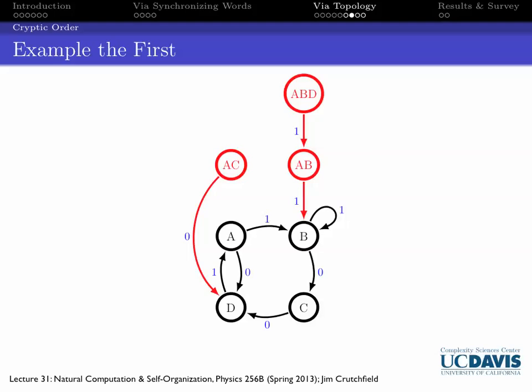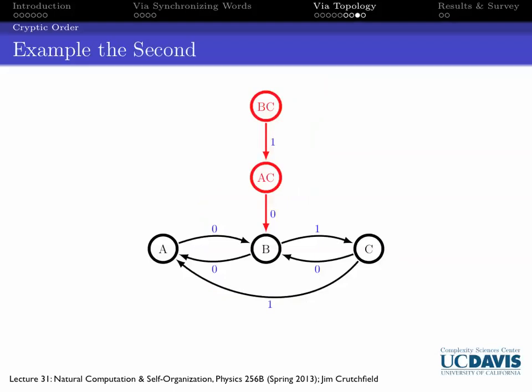This is that same machine we saw earlier that had a Markov order of 3. This one, however, is a machine that had an infinite Markov order. We see it now has a finite cryptic order of 2. And that's because eventually, after we see a lot of 0s, we might see a 1.